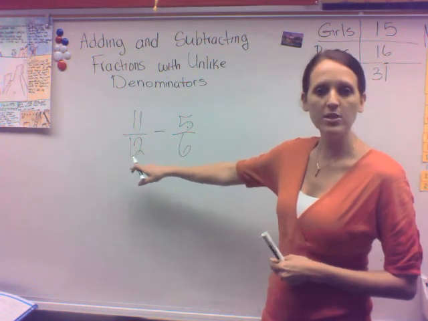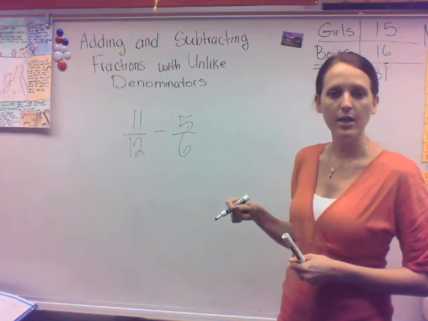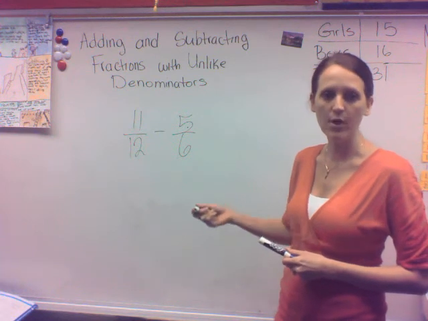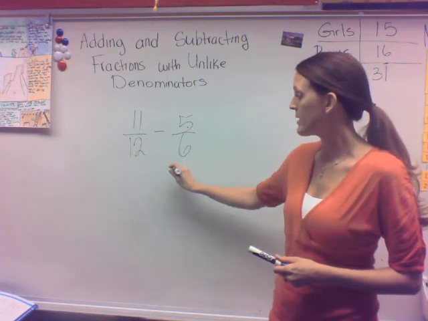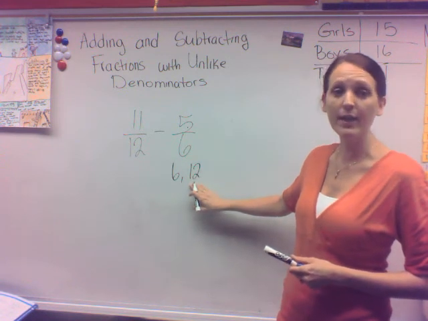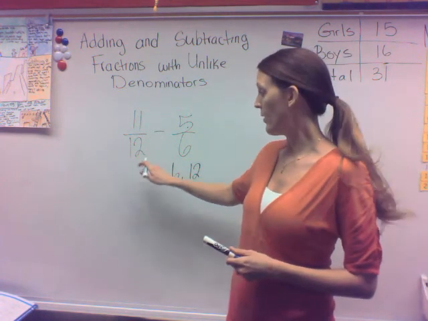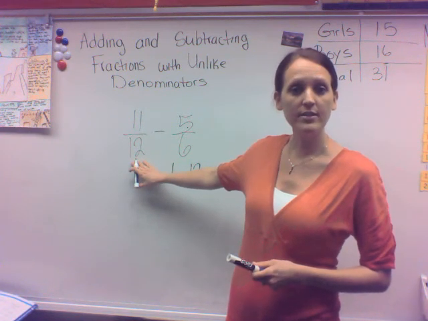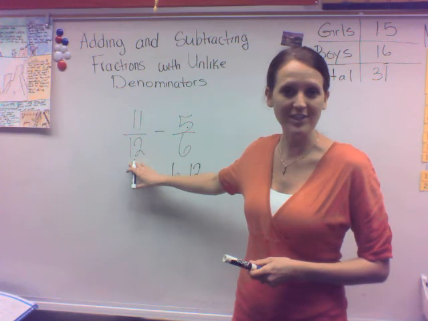So we're going to find the least common multiple of 12 and 6. Do I start with 6 or 12 first? We always start with our smaller number and list out some multiples. 6, 12, and I automatically quickly came to a common multiple of 12, which means, do I have to change this fraction? I don't have to change this fraction.